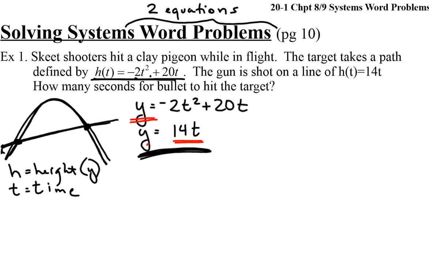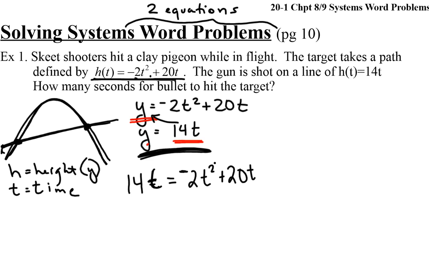So our equation here would be 14t equals, that 14t has been substituted in, and it equals negative 2t squared plus 20t. So there's my start. At that point, well, what are we going to do to solve? Different ways to do it. I'm going to move everything to one side because it is a quadratic.